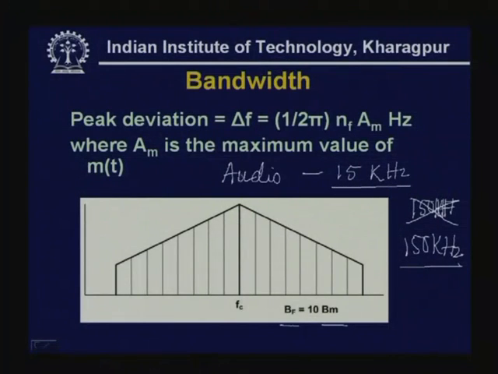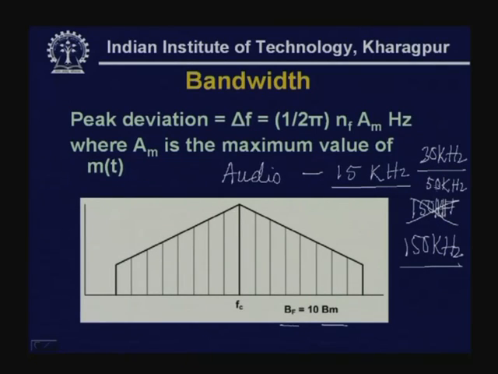So let us compare the two cases, AM and FM. In case of AM, for a 15 kilohertz audio signal, the bandwidth requirement will be 30 kilohertz. So with some gaps on either side, you can have another channel at an interval of, say, 50 kilohertz or maybe 40 kilohertz.